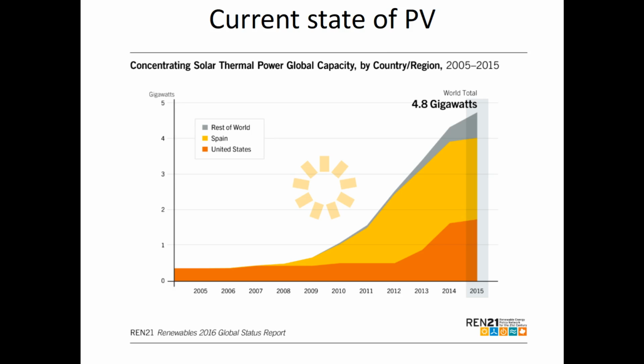Apart from China, so China is off the charts. Let's look at some of the other countries which are trying to still get into the solar market. If you see, apart from the rest of the world, which is way up there, the US is currently just moving into the solar market, as you can see, over a 10-year span from 2005 to 2015.